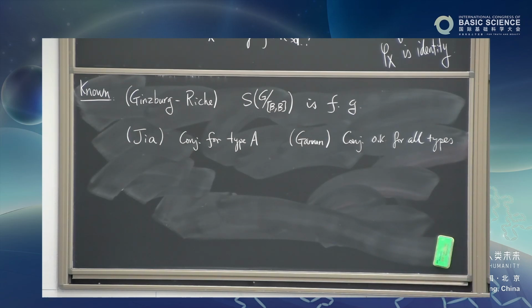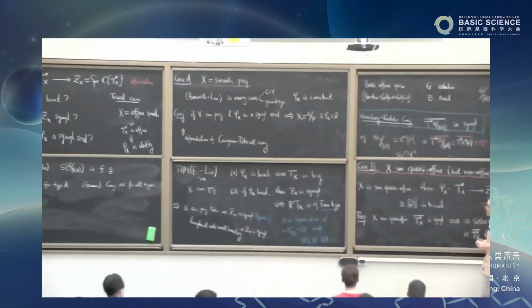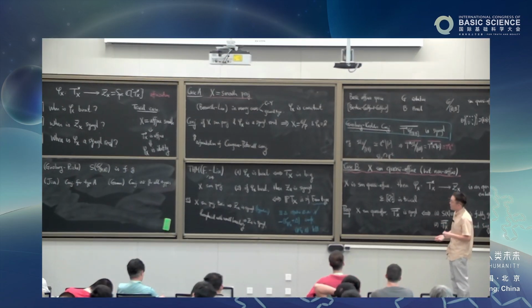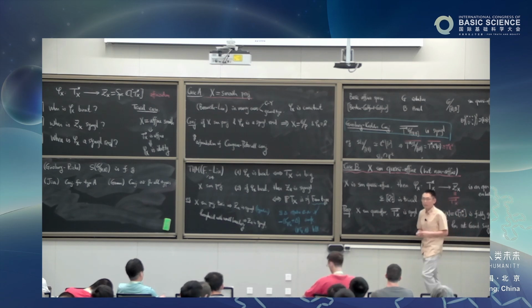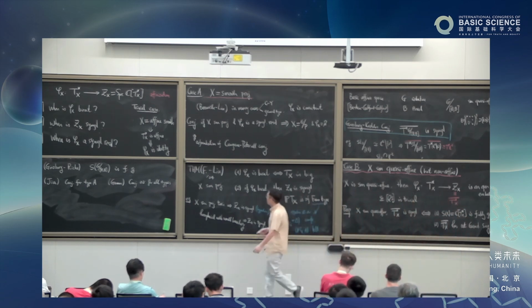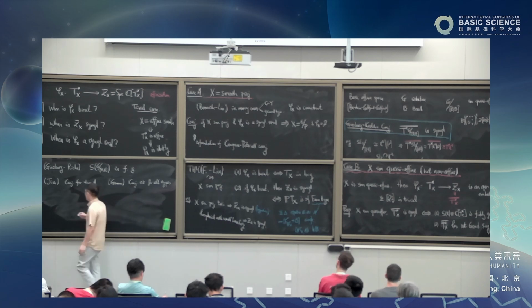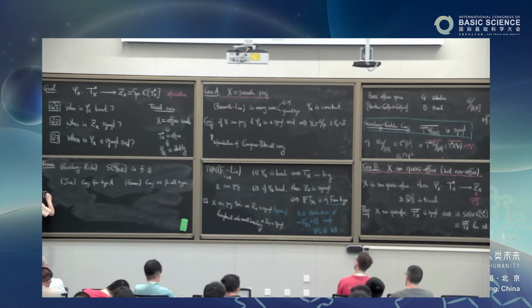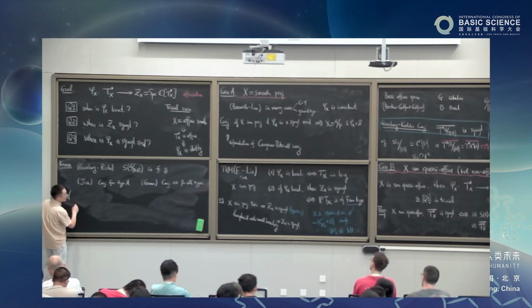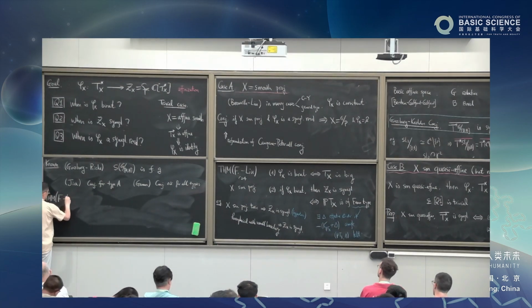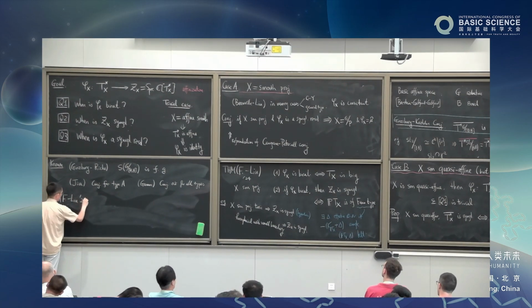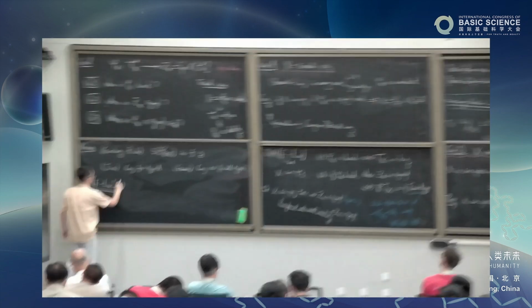But the method of proof uses quite a representation theoretic method. So what's our second main theorem is as follows. So we use some geometric method to give a new proof for this theorem.